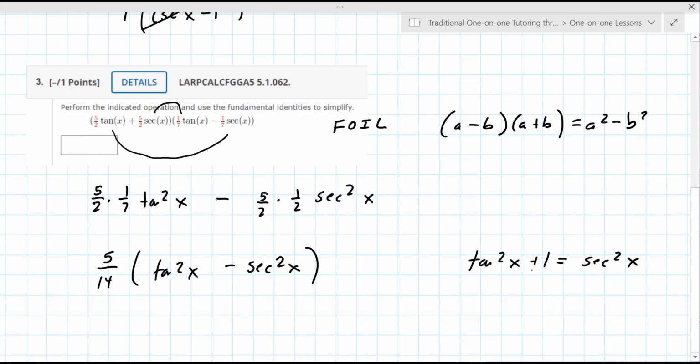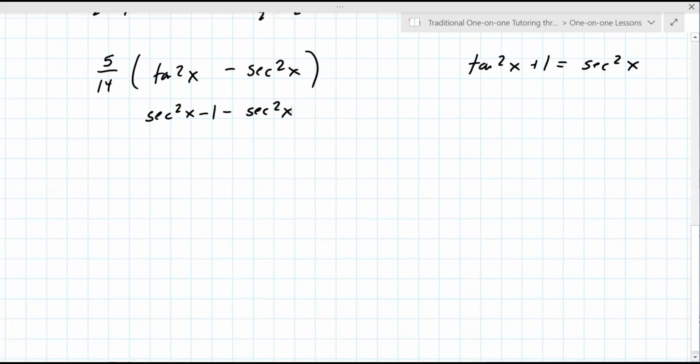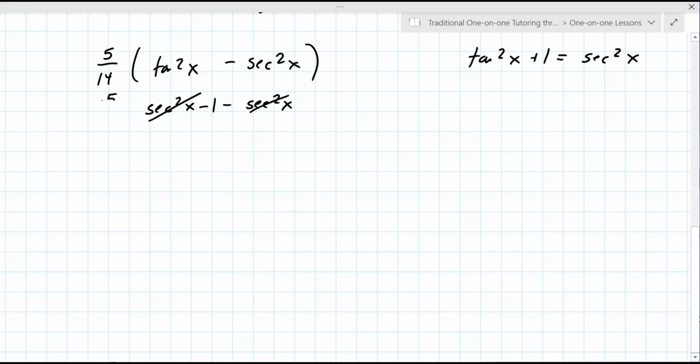So let's see, your tangent squared would equal secant squared minus 1. So this is secant squared x minus 1 minus secant squared x. And why does that help here? Well, actually, I'm sorry. So yeah, that's fine. The reason that helps is the secants cancel. You still have this 5/14 on the outside. Then you got a negative 5/14 there.